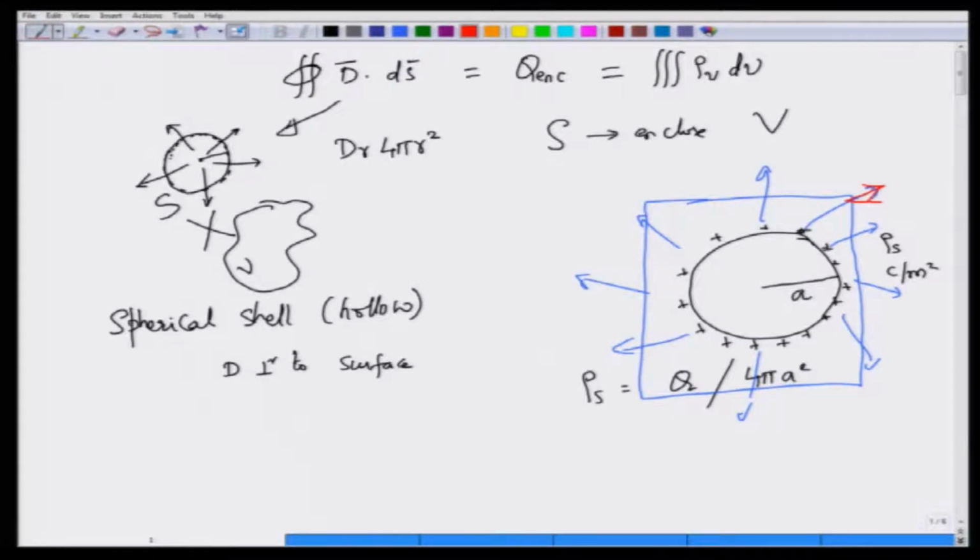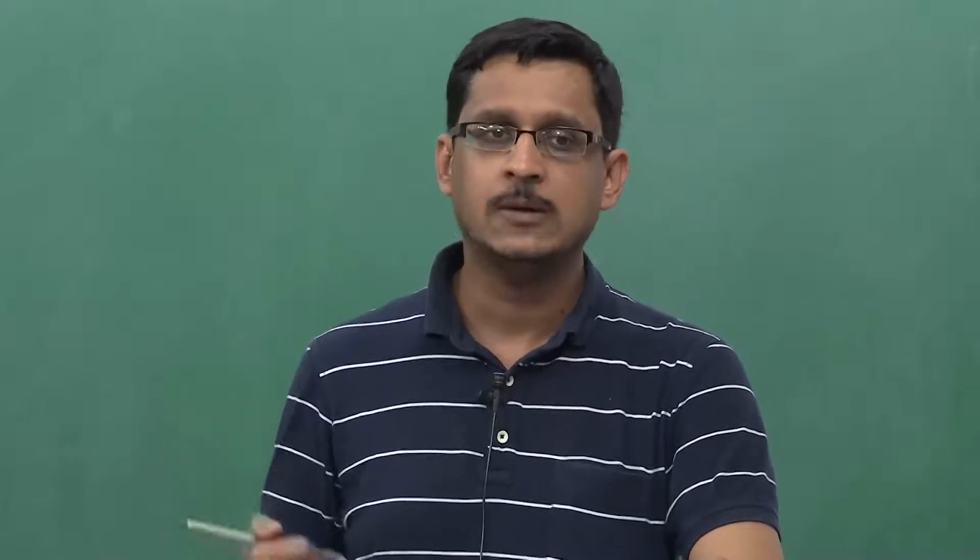So, there is some component of D along the normal to the surface. Similarly, over here the D field is not perpendicular. Here the D field is perpendicular, but such a line is only one, and probably on the bottom side there will be one. So, evaluating Gauss's law over such a surface becomes mathematically tedious, and that actually defeats the whole point of using Gauss's law.